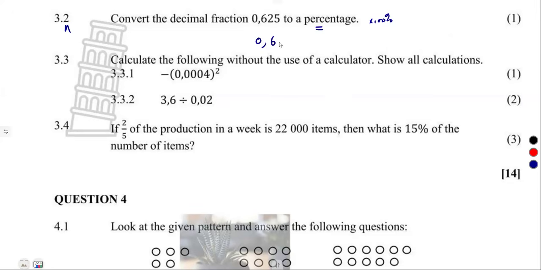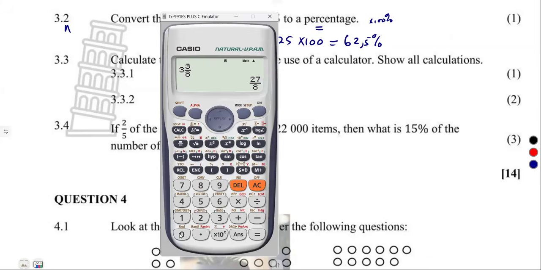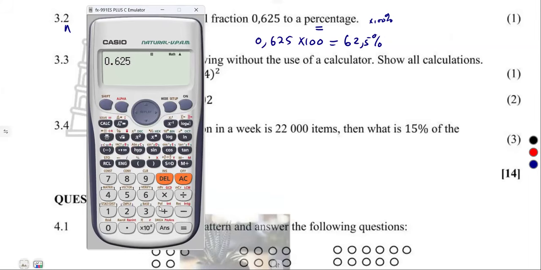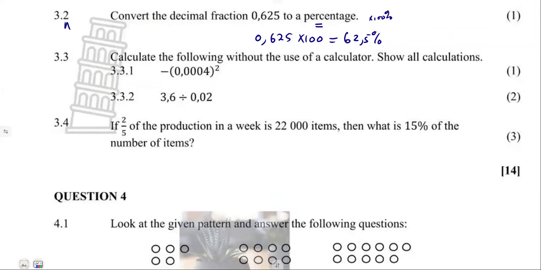So simply 0.625 times 100% is going to give us 62.5. You can see it here, or you can just use your calculator. 0.625 times 100% is 62.5 as a percentage, just like that.